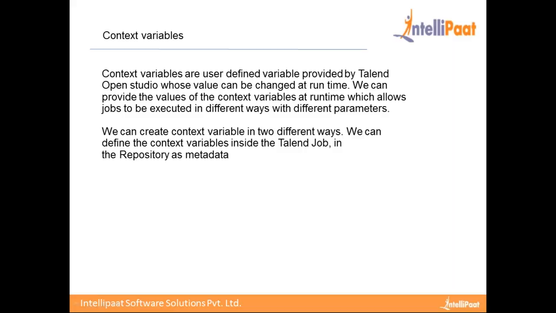The context variables defined in the repository are usable in that project for any job, whereas the context variables defined in a specific job are local to that job only and can't be used anywhere else.